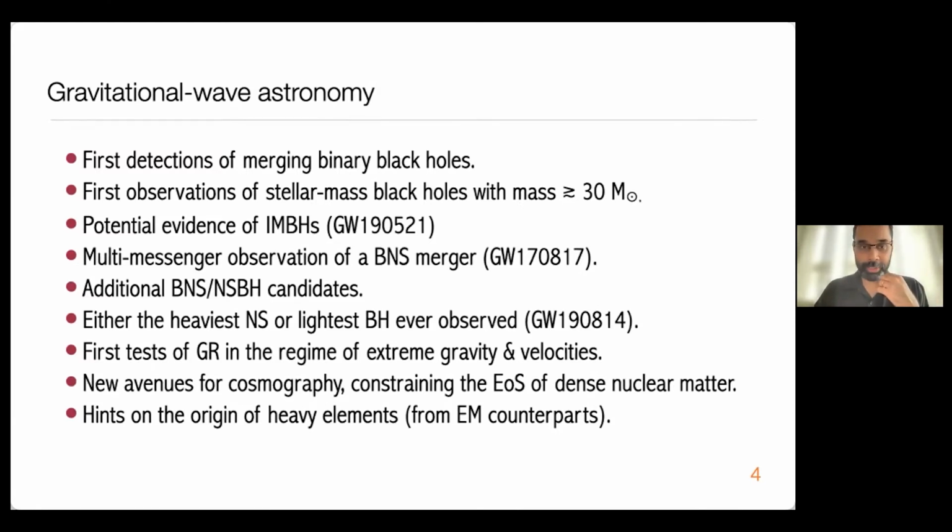We have had some potential evidence of intermediate mass black holes. This particular system, GW190521, must have produced a remnant black hole that is more than about 100 solar masses.